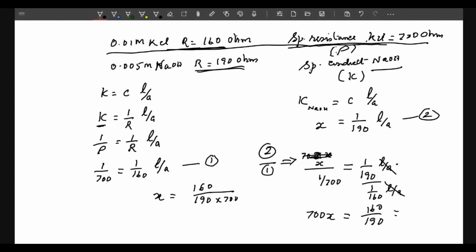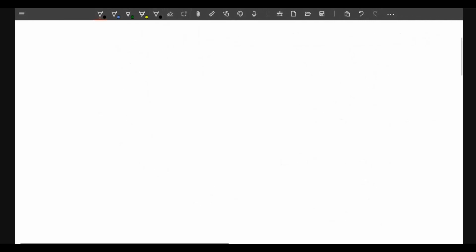The specific conductance of 0.01 normal potassium chloride is X per ohm per centimeter, having conductance Y per ohm.